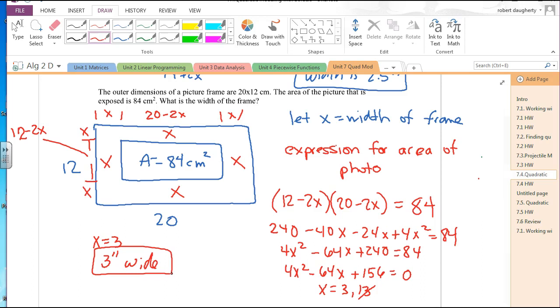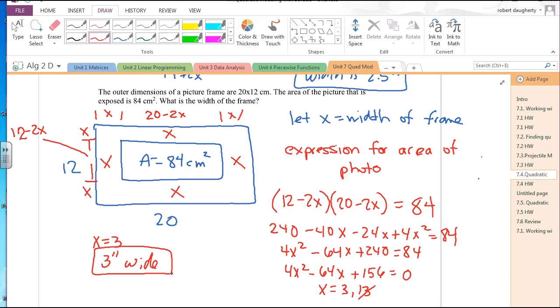If I give you the inside dimensions of a photograph or piece of art, x is always going to be the width of the mat or the frame. So in that case, the problem sets up with a plus 2x, and your expression is for the entire dimensions. If I give you the entire dimensions and you're solving for the inside photograph, you're going to have a minus 2x in your formula, and you're solving for the dimensions of that inside photograph.